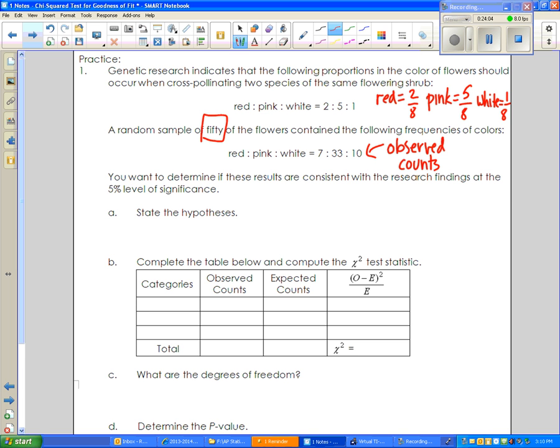So your null hypothesis, and we're going to do this at the 5% level. Remember, we're just using words to describe the distribution.